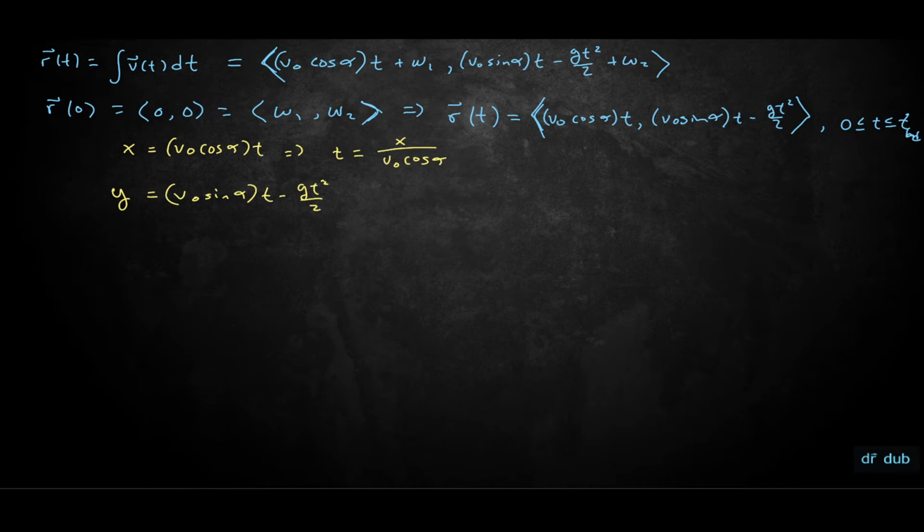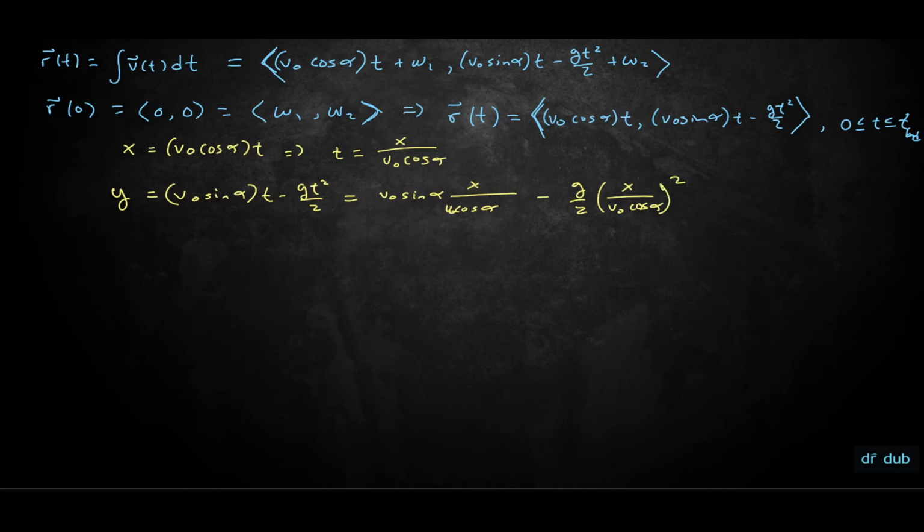So actually, if I plug in t equals x over v0 cosine alpha, we'll get v0 sine alpha times x over v0 cosine alpha, minus g over 2 times x over v0 cosine alpha quantity squared.